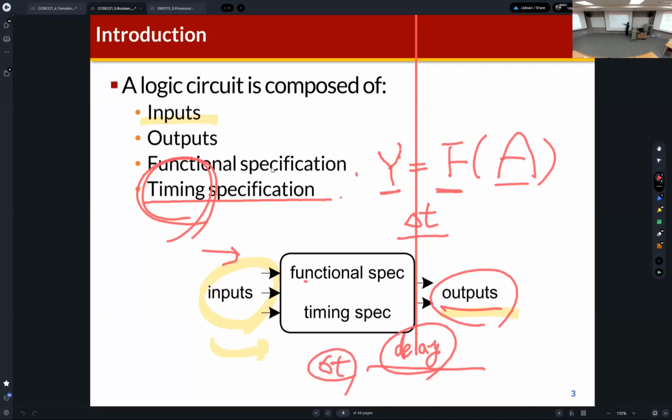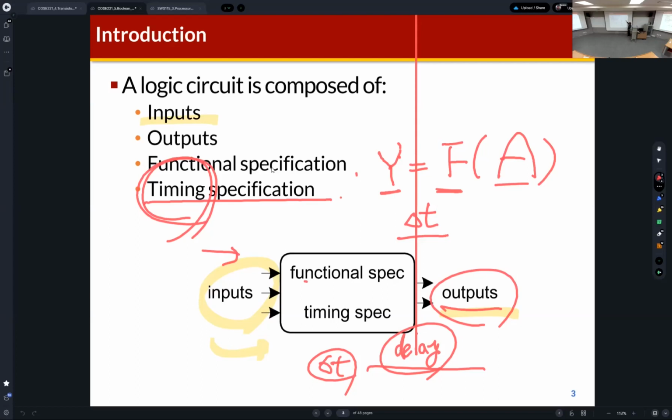Also, we can define timing specification. This is our hardware system. When our hardware system works, time is taken. You can think that this is just a black box. Input is given to the system, and the system generates outputs based on the functional specification, but after some delay, after some time.